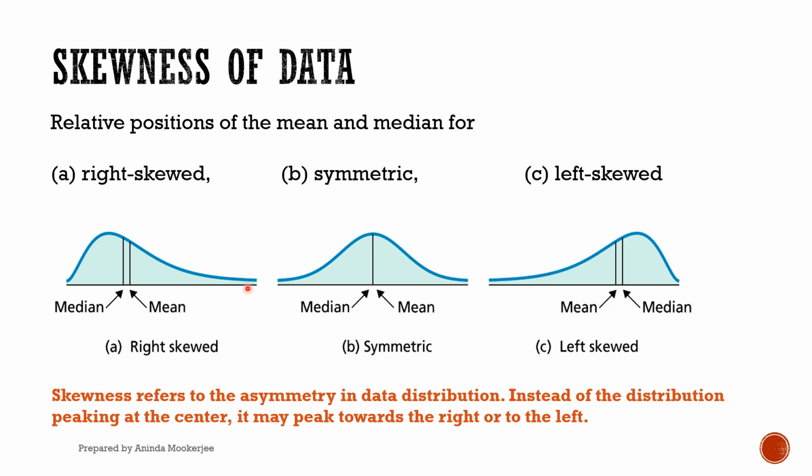Let me give you an example of when a right skewed and left skewed distribution can happen. If I give you a test and the students find the test very difficult and the scores are low, most of the students have scored, let's say, in the 50s, 60s, and 70s, and just one or two of the students scored higher than the mean.